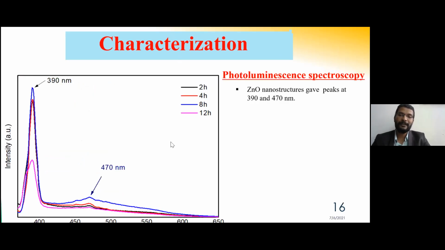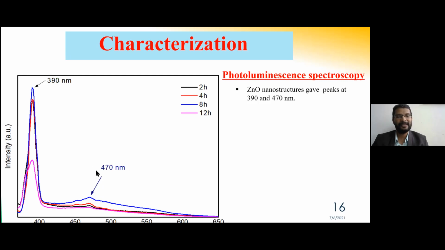Here, photoluminescence spectroscopy is also studied. With this, we get an emission peak at 390 nanometers, and at 470 we get one more peak. This 390 is due to the band edge emission of the zinc oxide nanomaterial.